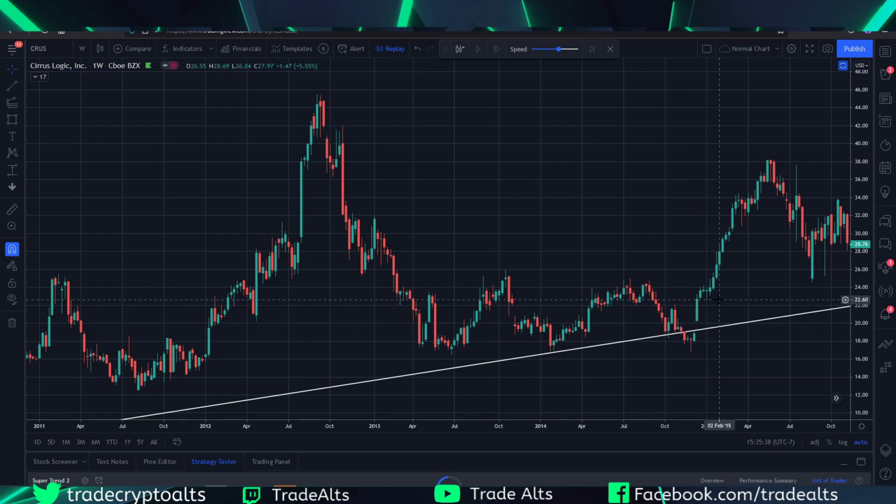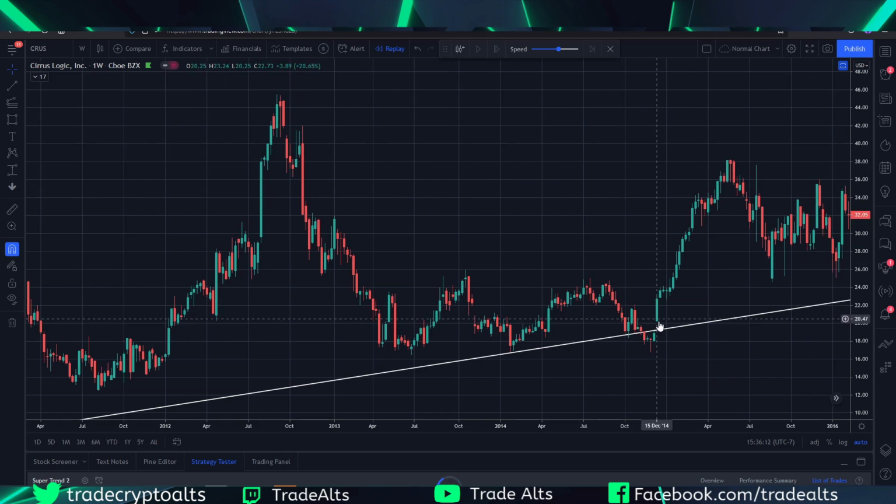So this is an example of that warning that I gave in the prior video and in one of the previous slides: just because you lose a trend line, it doesn't necessarily mean that it's guaranteed to turn into resistance and then you move lower. It does a lot of the times, but this is one of those instances where you reclaim this long-term trend line and price moves higher.